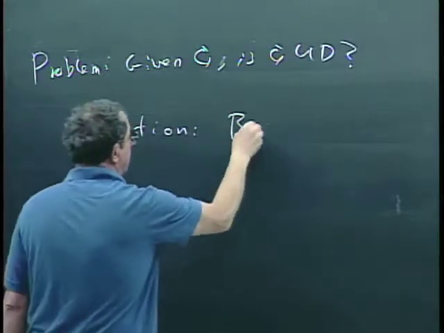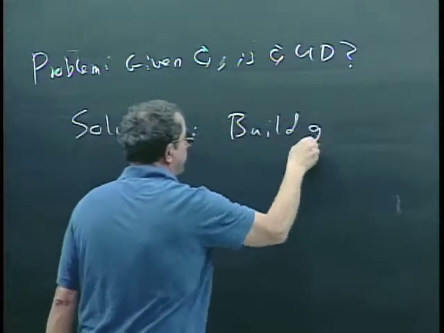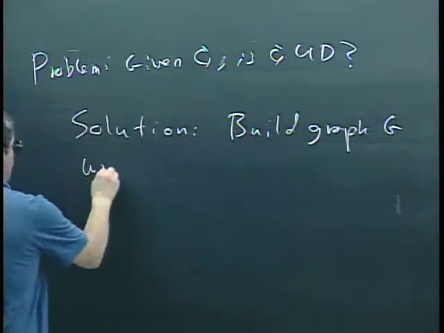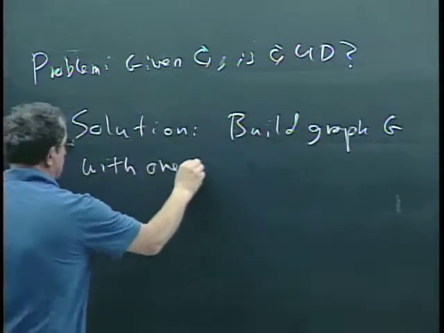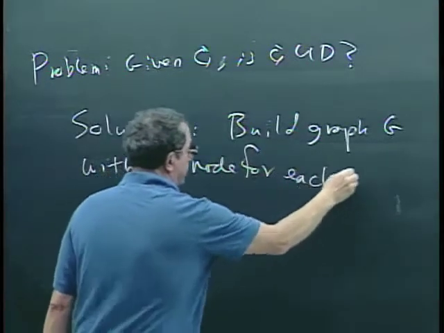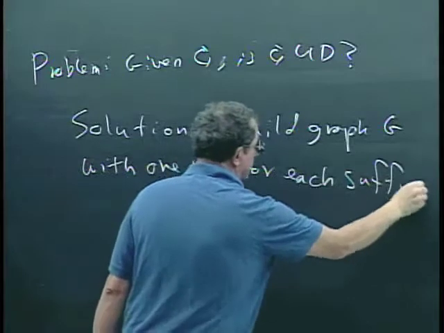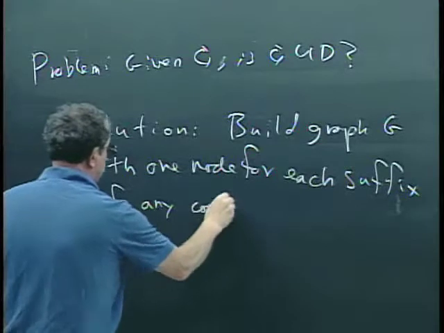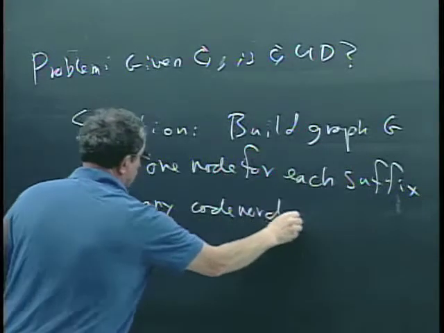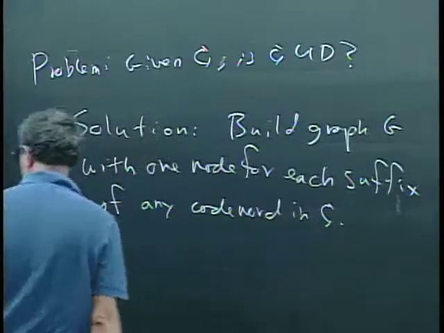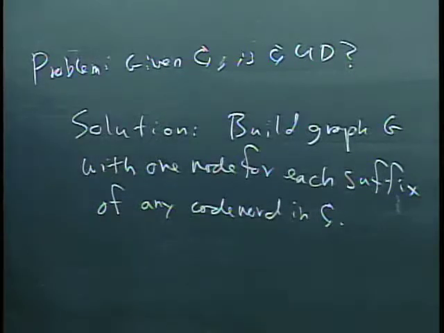the solution is you build a graph G with one node for each suffix of any code word in C. Okay, so that includes the trivial suffixes, which means the code words themselves.